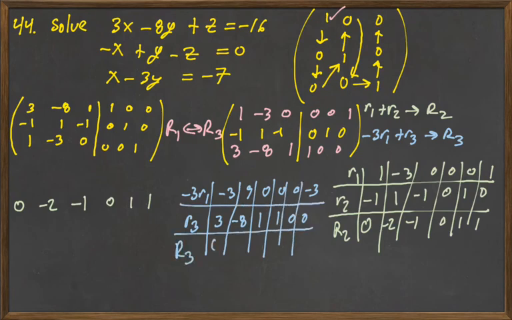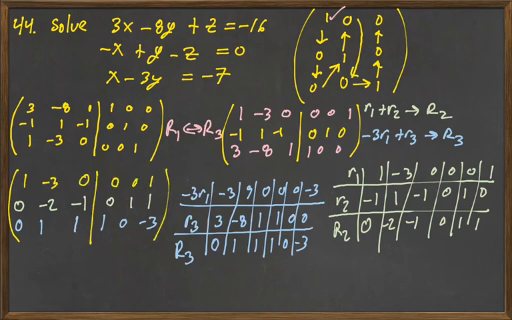And then our new row 3, 0, 1, 1, 1, 0, minus 3. So there is your new row 3. And row 1 was unaffected. Okay, so we did use row 1 to make zeros in column 1, but we didn't change it. Okay, so we are, I guess, a third of the way there. We'll see what else we can do.